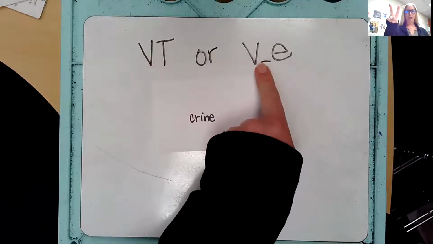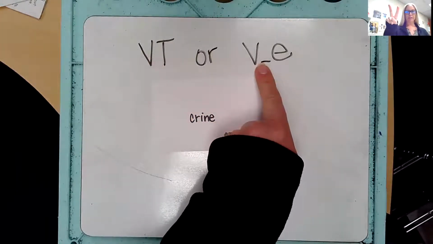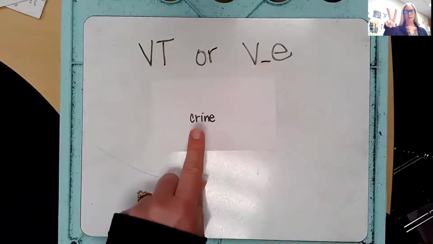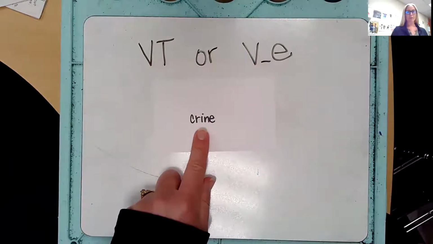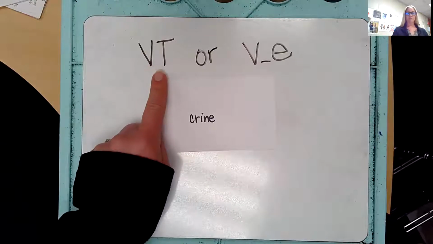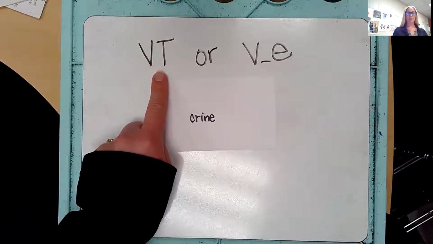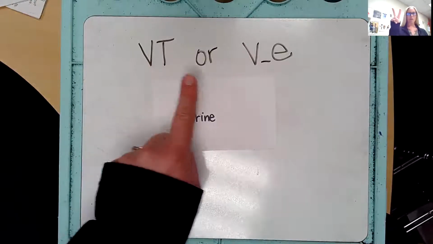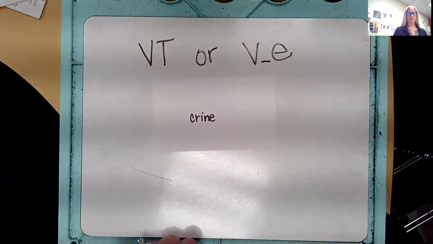Or is it a vowel, consonant, silent E? We have to know what kind of syllable this is. We have to know what the vowel or vowels are doing in order to read this word. So think about it at home. Make the hand shape. Is it a vowel team, or is it a vowel, consonant, silent E?